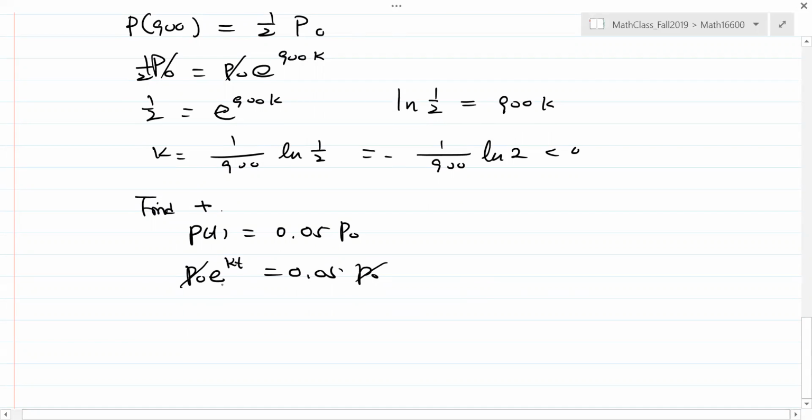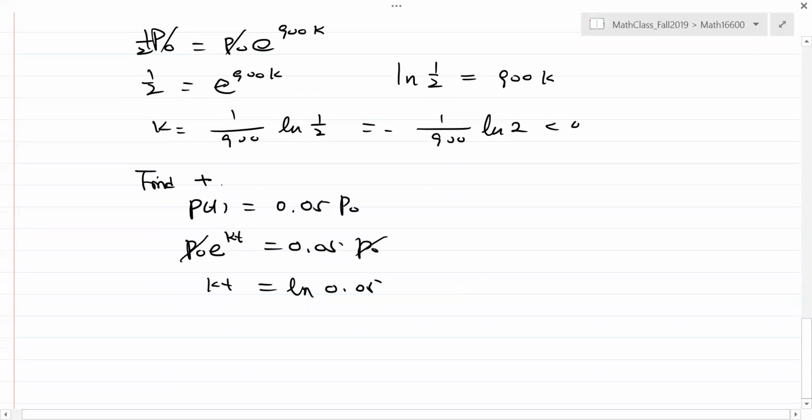So you put the natural log on both sides. kt equals natural log 0.05. If for the original it were 12.5%, just put 0.125. Then the t is going to be this number, right? We find the time t, but I already know the k, so let's put the k.